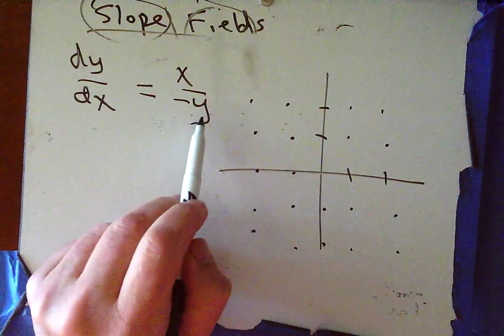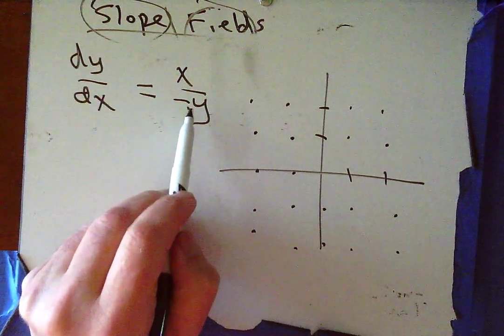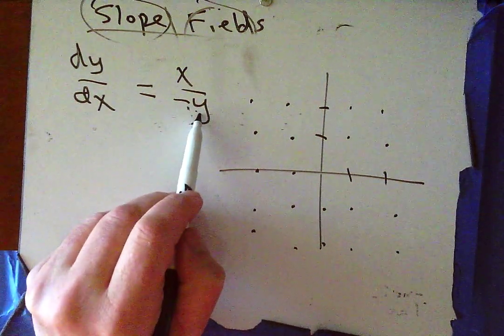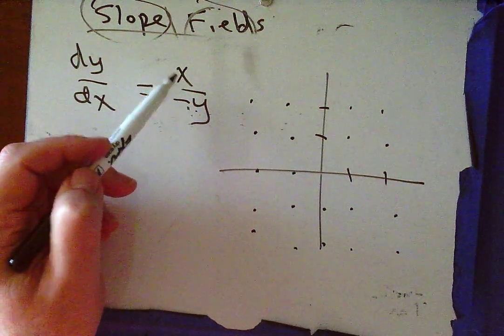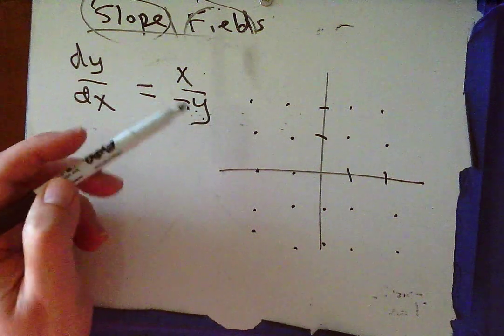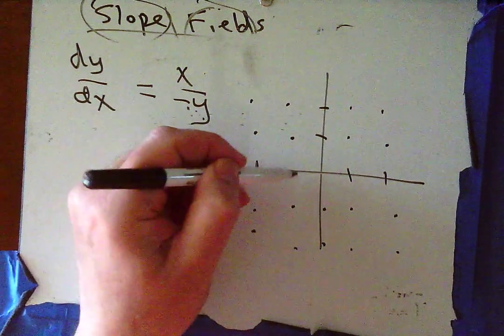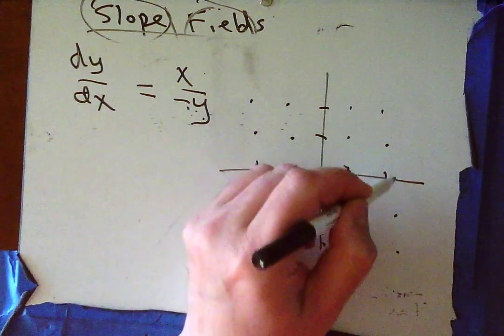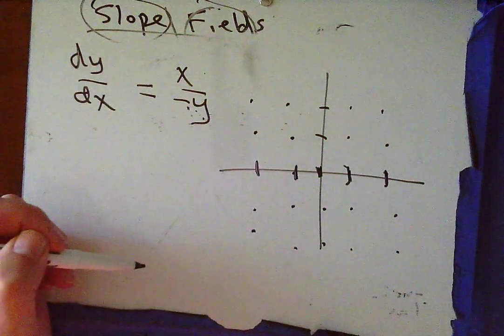So if I plug in y equals 0, anytime y equals 0, it doesn't matter what the x value is, I get an undefined or vertical slope, every place y is equal to 0.